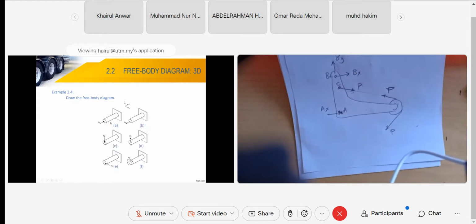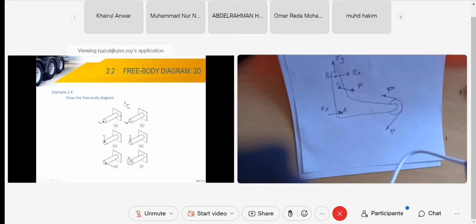For part A, this is a component, a fixed support at this vertical plane. We have a solid cylinder, fixed support at the vertical plane. Only force in the direction of Y, since this is Y, X, and Z is upward.